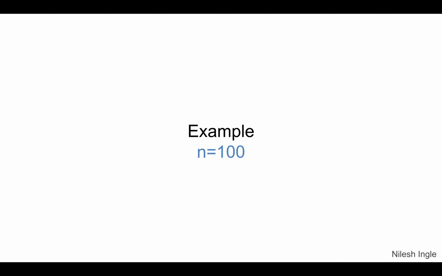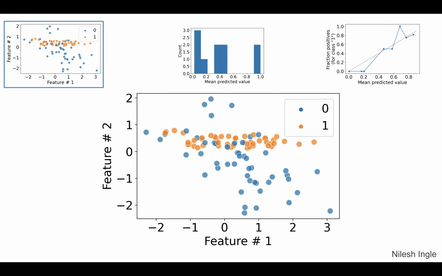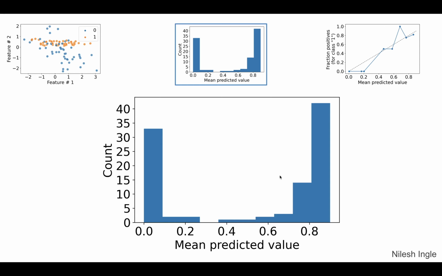So this is another example with 100 data points. We have more data points here. Again, class 0 and class 1 is the same. Now in this case, we have histograms that are better than the previous one, but here we can see that there is a peak at 0 and a peak at 1, like a U-shaped thing going on with the histogram.